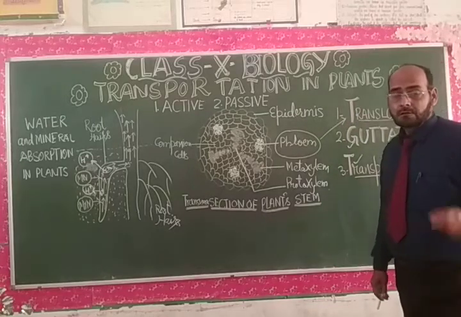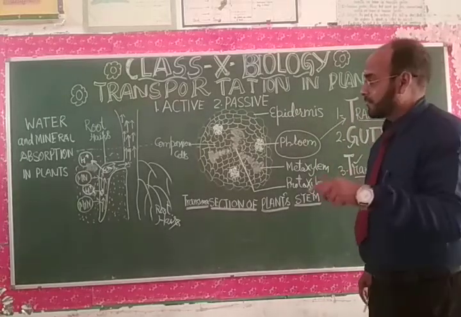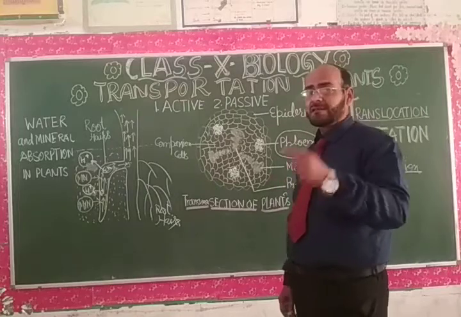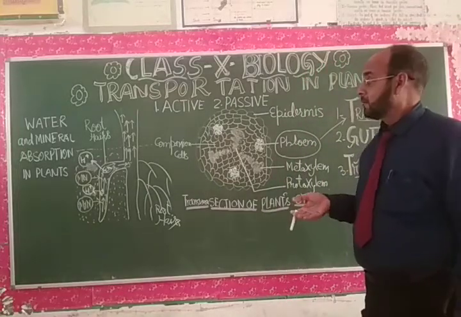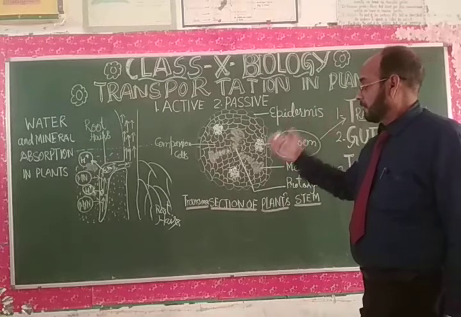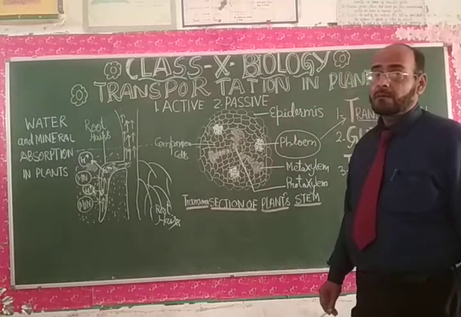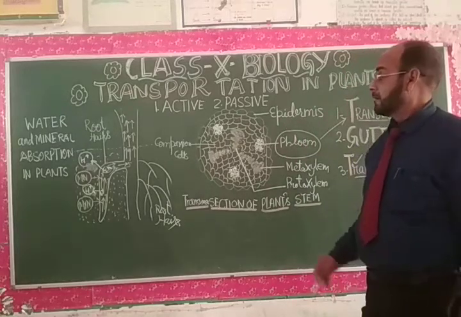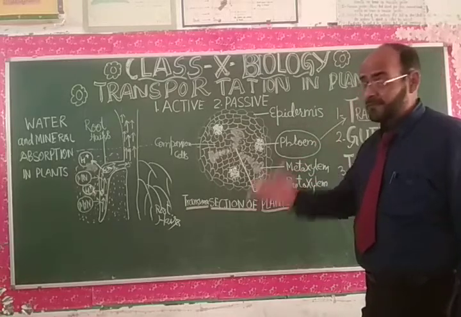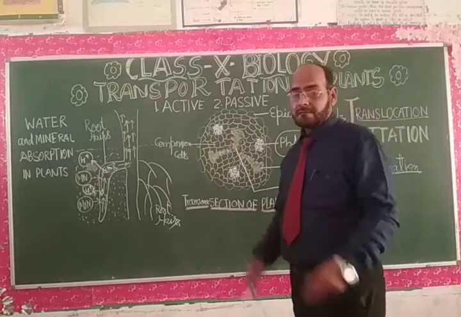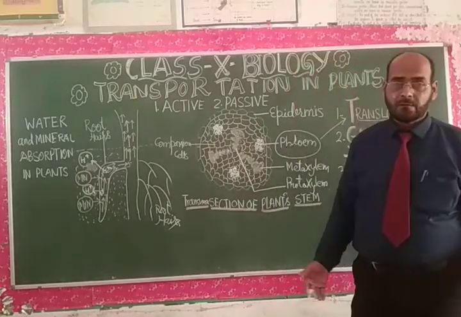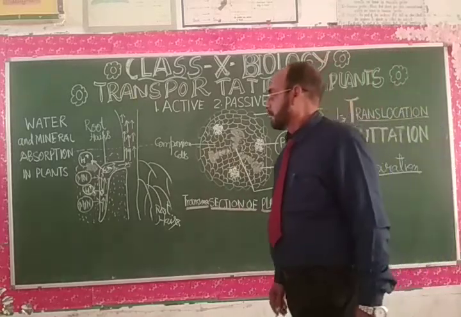As a result of this transportation process, osmosis and diffusion, the food gets manufactured, which gets stored in the form of starch in the plant body, which is utilized by the plant body and is available for others, herbivores and animals, as food.